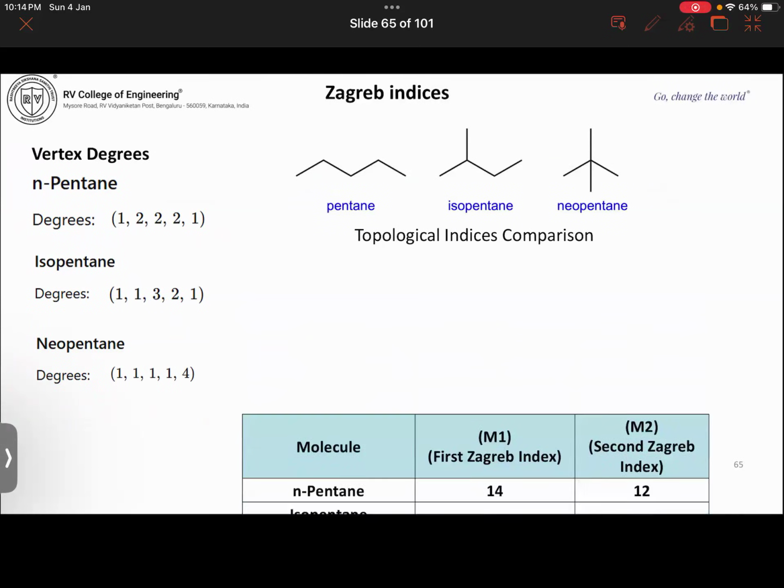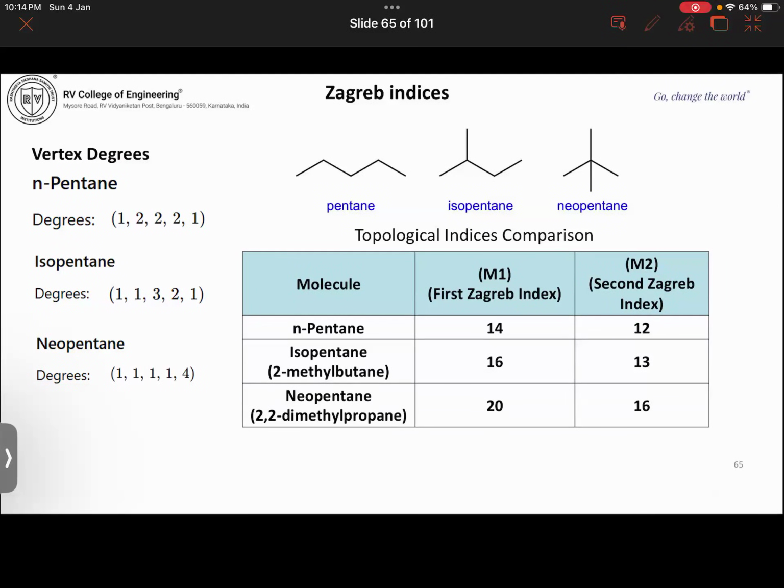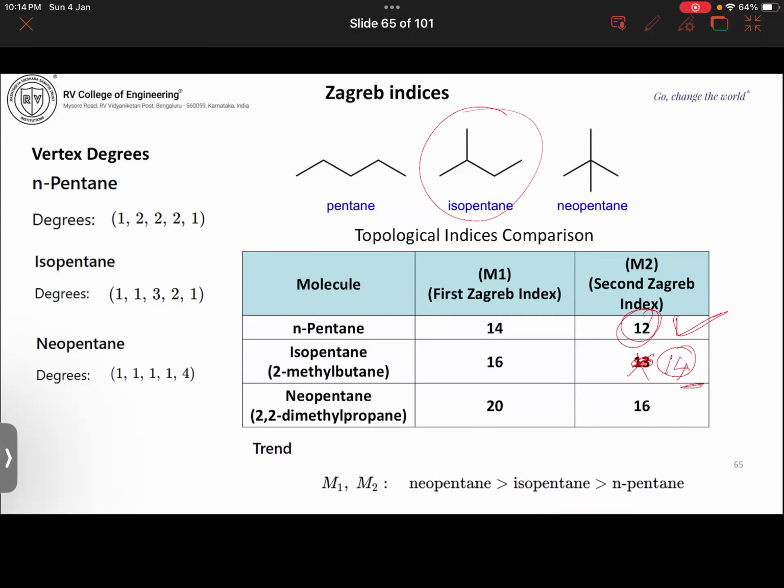This is how we get M2. Actually, the earlier M1 should be 14, so let me correct that. Now let me calculate M2 for isopentane. These are C1, C2, C3, C4, and C5, the vertices.